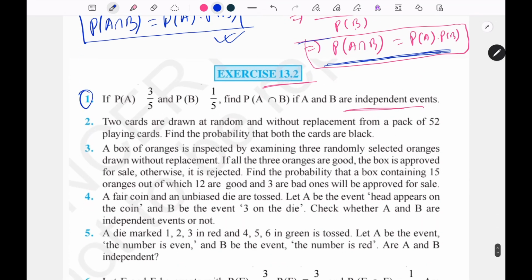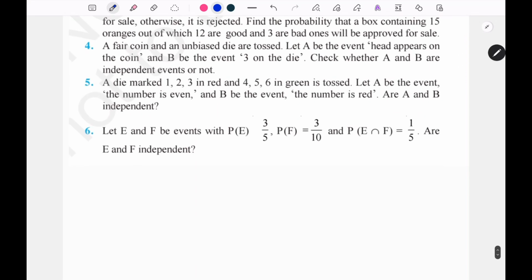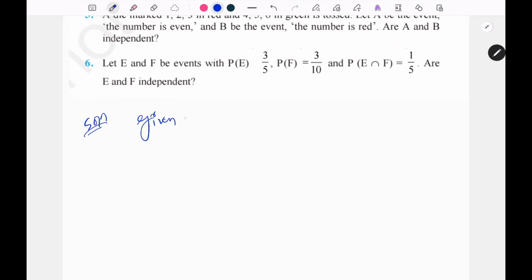In question number 1, it is given that the probability of A is 3 by 5 and the probability of B is 1 by 5. Now find the probability of A intersection B if A and B are independent. So first write the givens. Given the probability of A is 3 by 5 and the probability of B is 1 by 5.